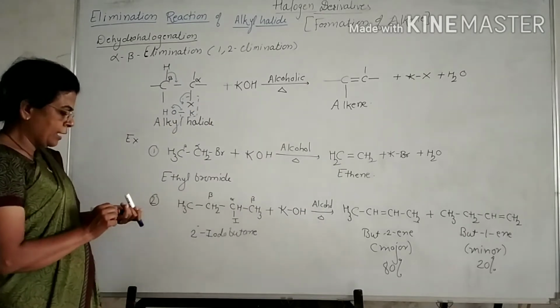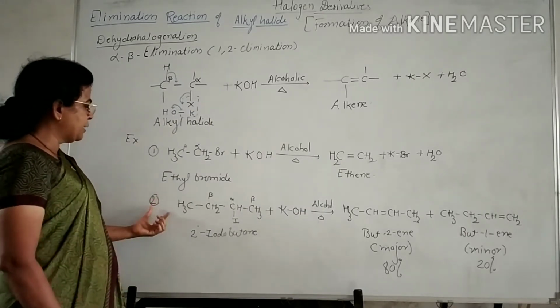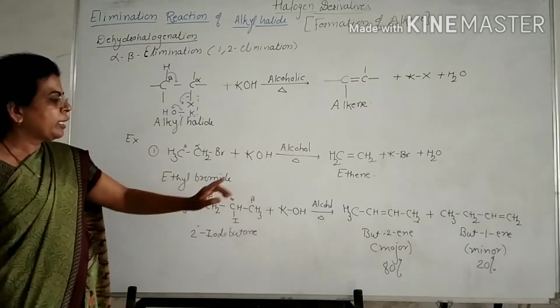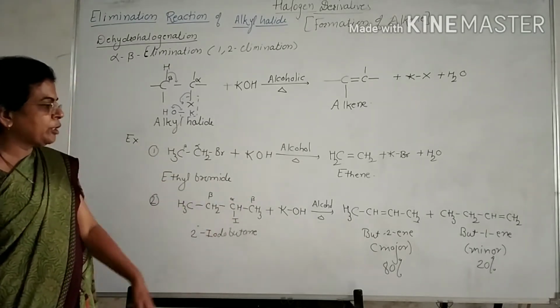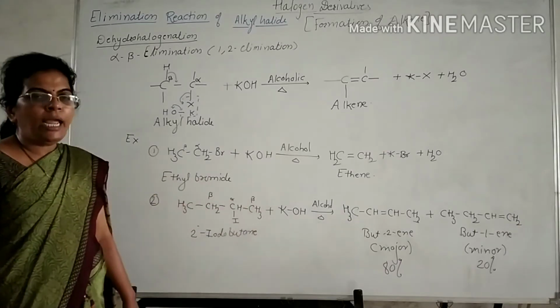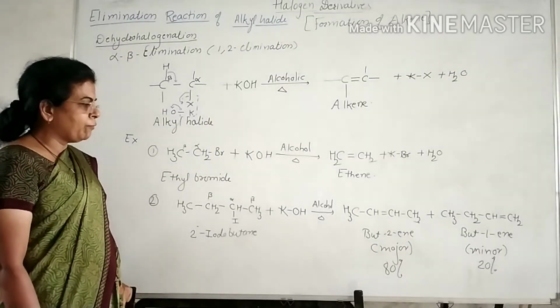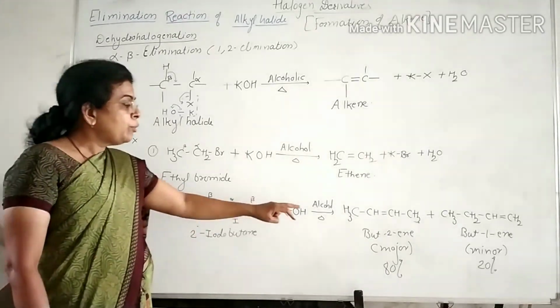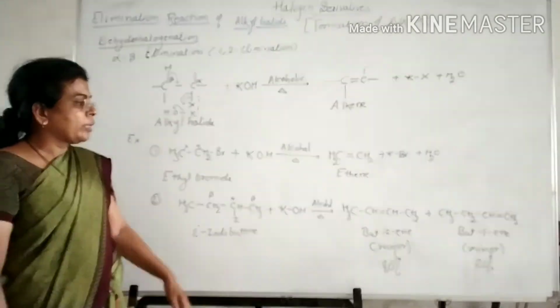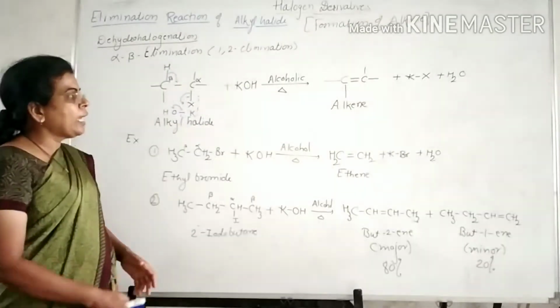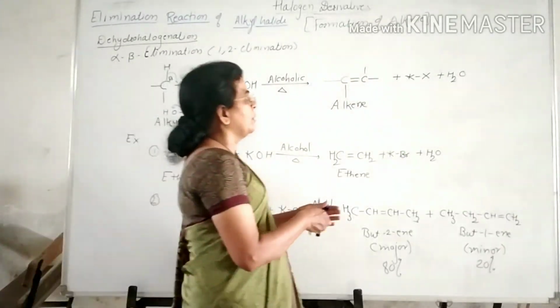Now look here again at this reaction. When 2-iodobutane is heated with alcoholic KOH, we get but-2-ene as a major product and but-1-ene as a minor product. Why does this happen? Why are two products formed, or why is but-2-ene a major product and but-1-ene is not? This is according to Saytzeff rule.